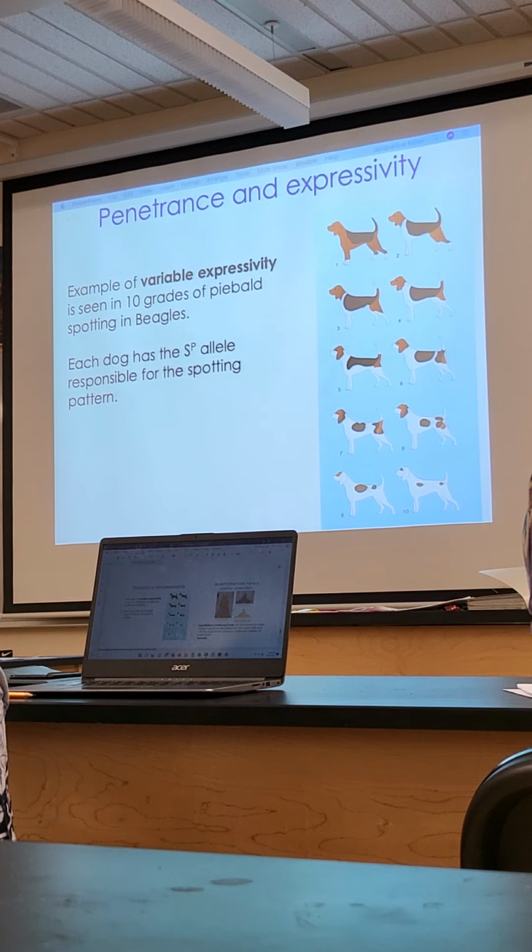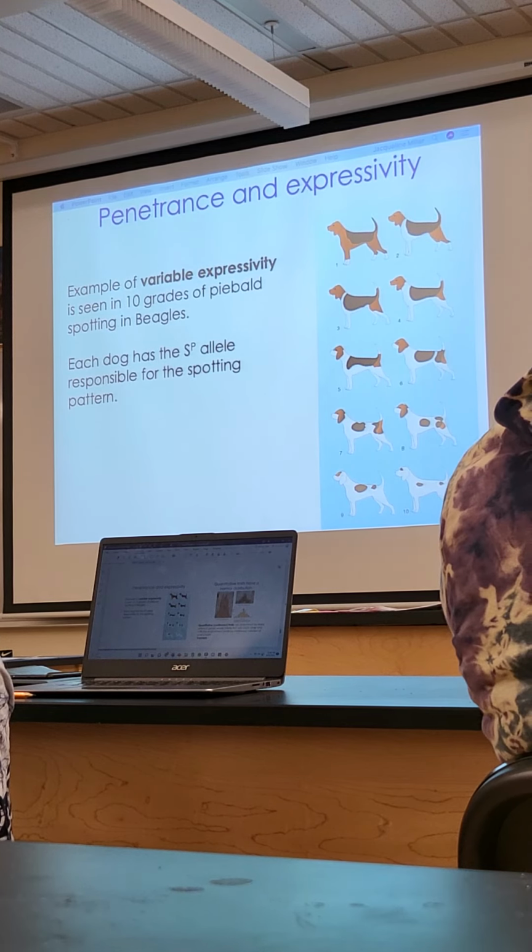This gene, SP, encodes the spotting color, and you can see that dogs can vary in how much spotting they have. So it shows a range of different phenotypes. They all could carry that same exact allele, but they all look different. And again, the explanation is the same: these pigmentation genes are part of a pathway, and that can affect how you get the variation.